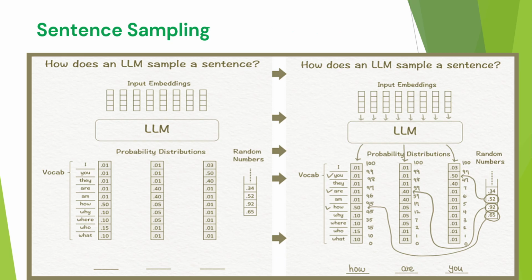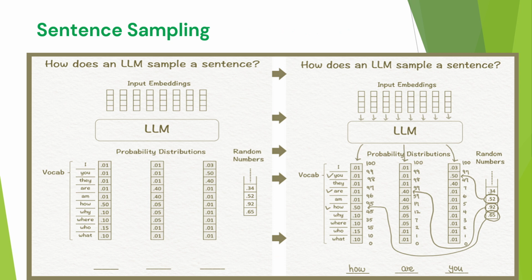Now, how does an LLM sample a sentence? Here we will walk through this process. First of all, we have the input embeddings, where the large language model starts with a sequence of input embeddings represented as this first column. These vectors are the numerical representations of input words or characters.